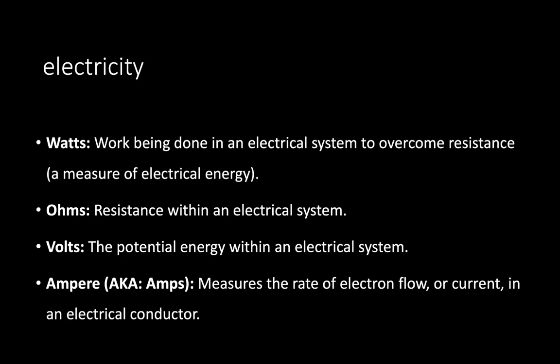So watts: work being done in an electrical system to overcome resistance. You will see watts if you go to a store and buy a light bulb; a light bulb is rated in a certain amount of watts, right? Sometimes you'll have to buy a light bulb where the amount of watts has to fit whatever lighting fixture you're using. So that's the work being done. That's the amount of work being sent through, let's say, your wall outlet to your light.